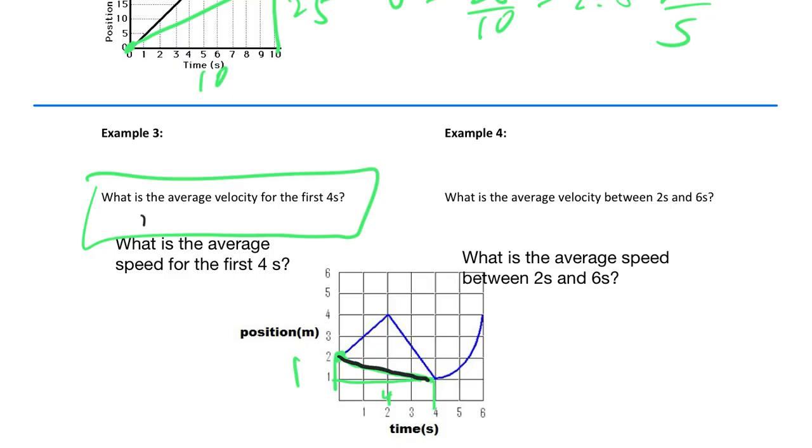Okay, so average velocity is negative 1 over 4, or negative 0.25. What's the average speed? Well, it's the same thing, but the magnitude. Get rid of the negative.